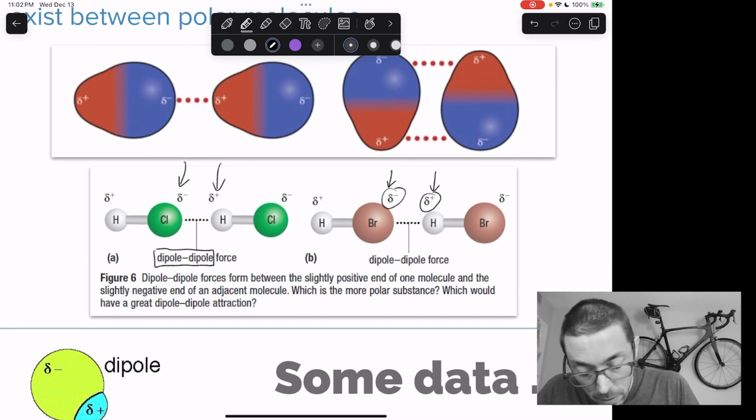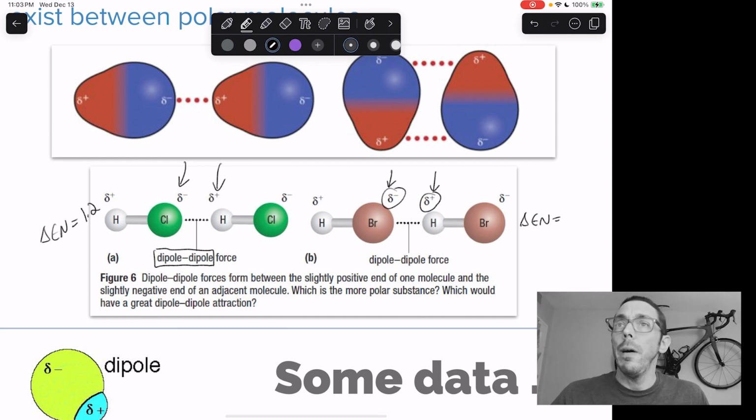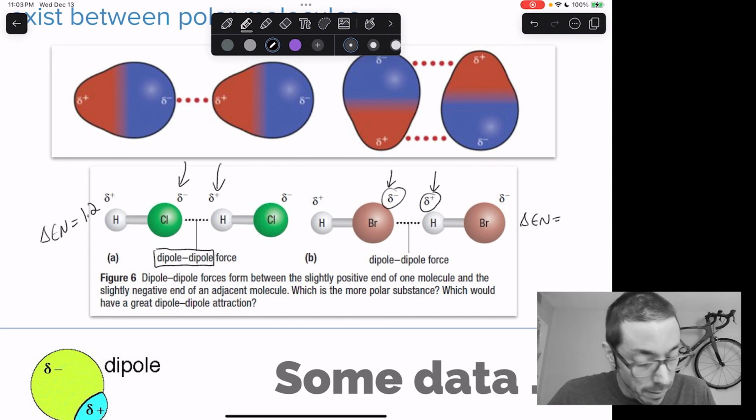So the delta EN in the HCl bond was something like 1.2, if I remember right. But in HBr, the delta EN is, let me see if I can find it here. Bromine has electronegativity of 3, and hydrogen's 2.2, so 0.8.